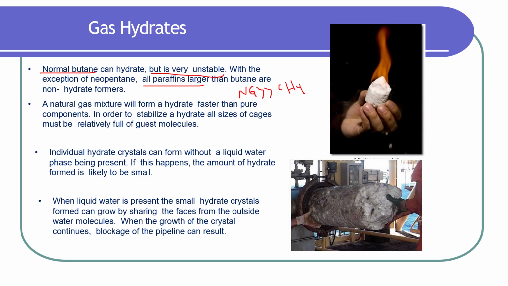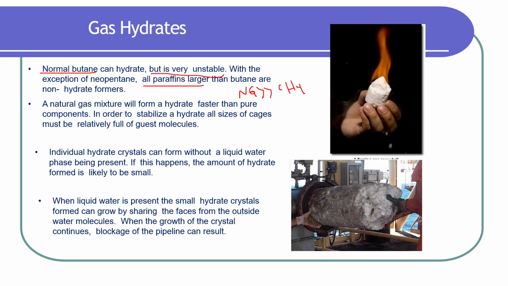And the reason for that is that the gas hydrate, as we explained, has a wide variety of cages. If you have a natural gas mixture, you have smaller molecules such as CH4, CO2, and H2S, and you have larger molecules such as propane and butane.